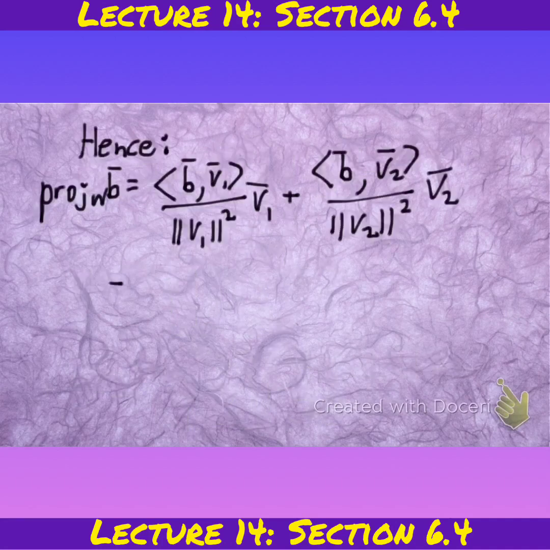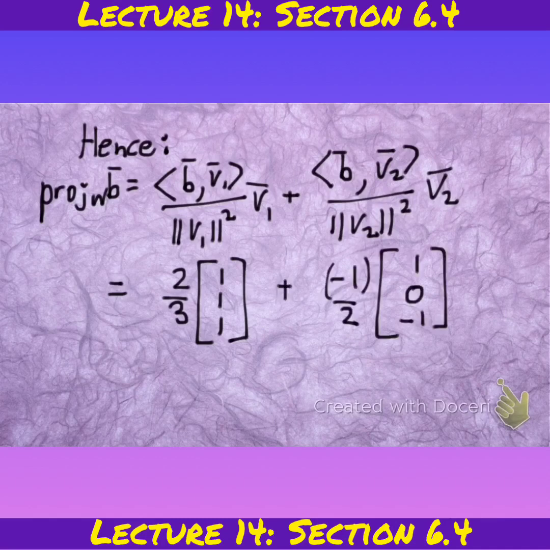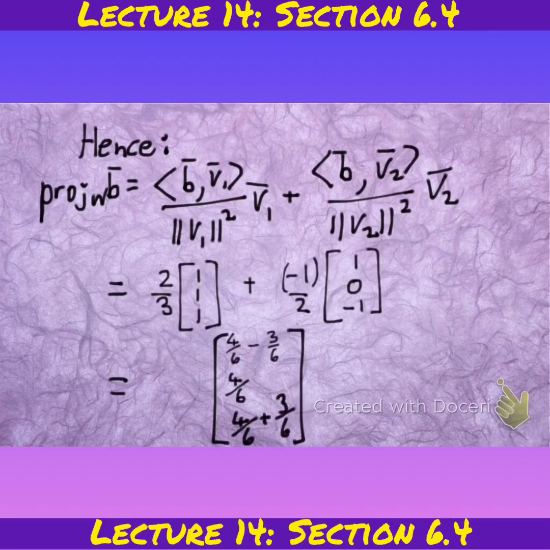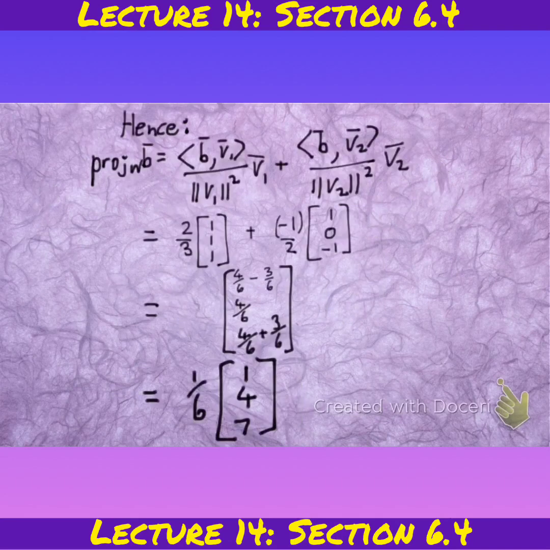Right, so hence we've got that, and then there we've got the difference between the two separate vectors, and that then becomes the least square solution to the linear system AX equals B.